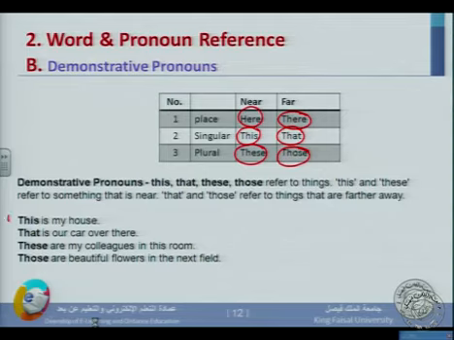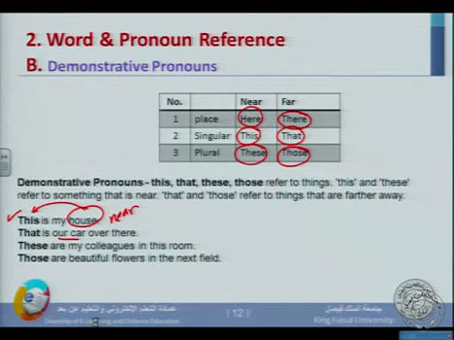Okay, this is my house. لما أحكي لك this is my house, شو أنت في ذهنك ترى؟ إنه the house is very near. إذن house singular نستخدم معه this وهو near قريب. That is our car over there. That أيضا تستخدم مع المفرد لكن هي for farther away.